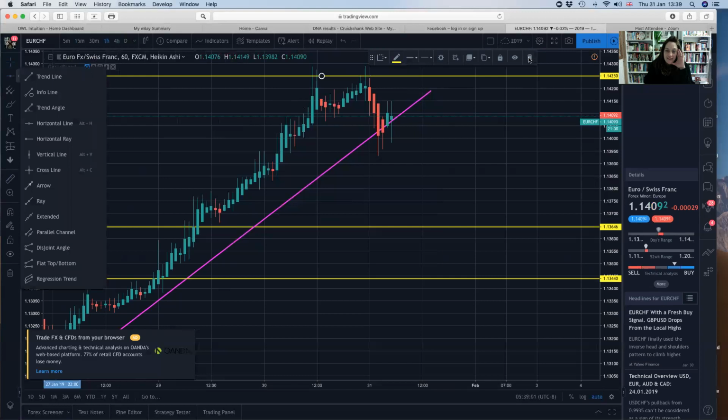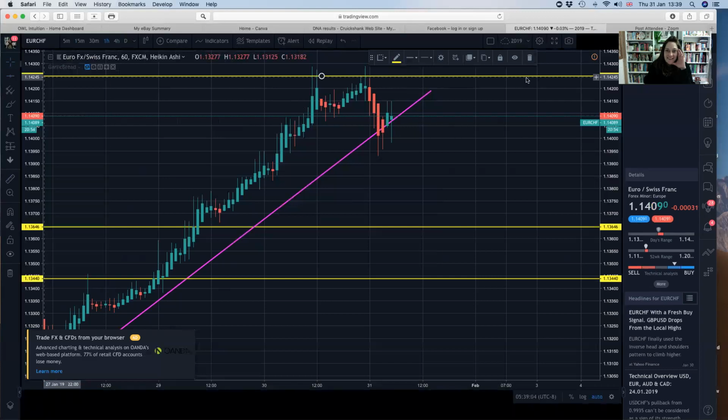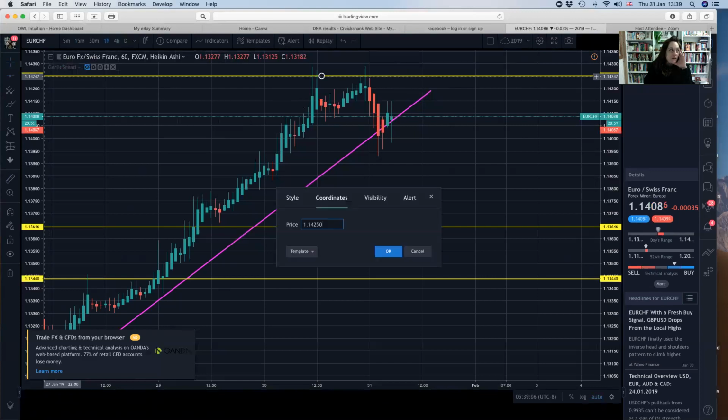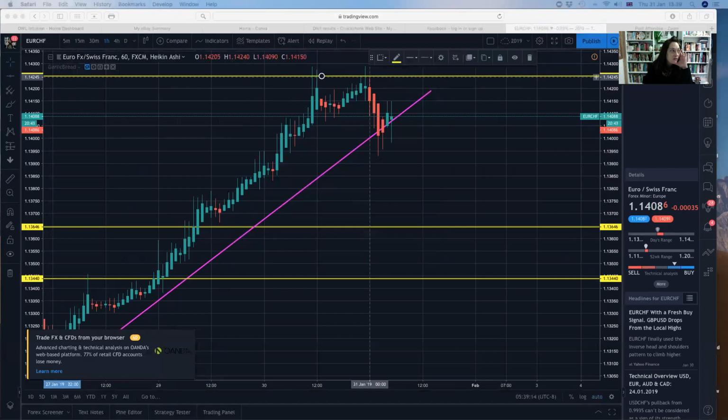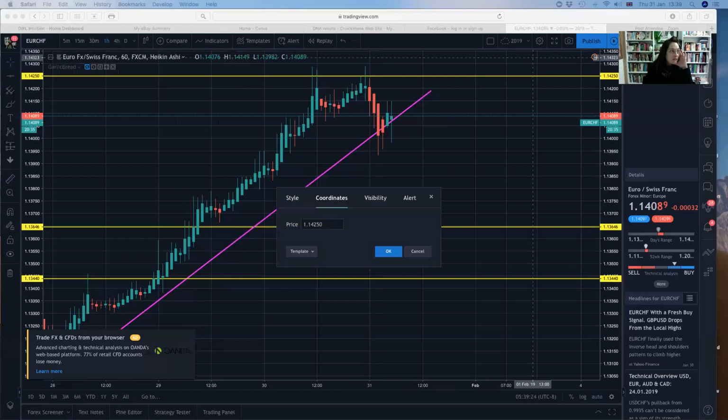Oh, jeez. Right, I'm going to shut down my other tabs and see if that helps, because it's just not playing ball, is it, at all? Shut that down. Oh, Jesus.